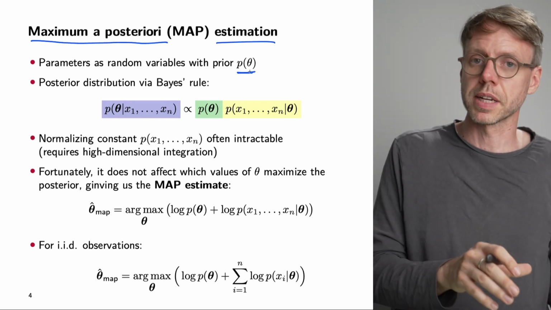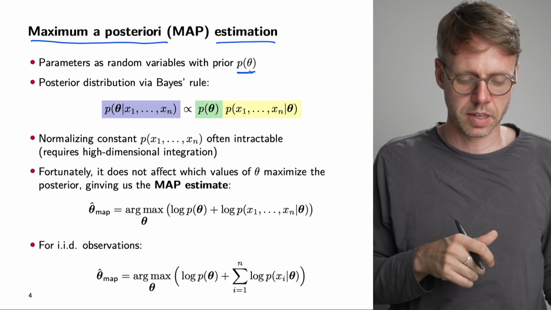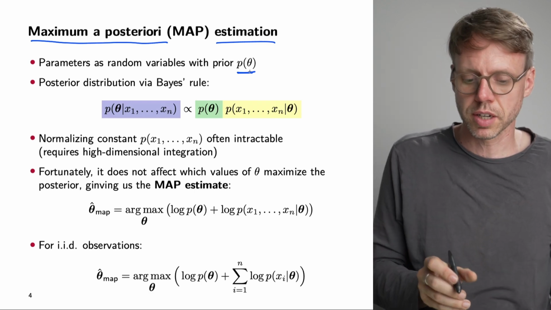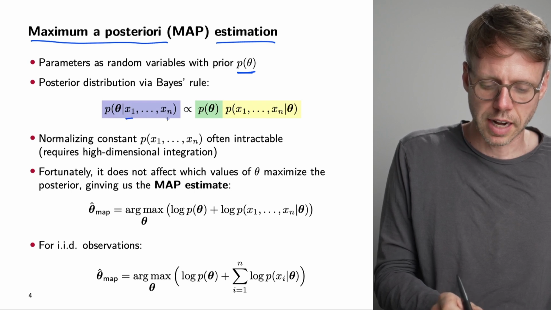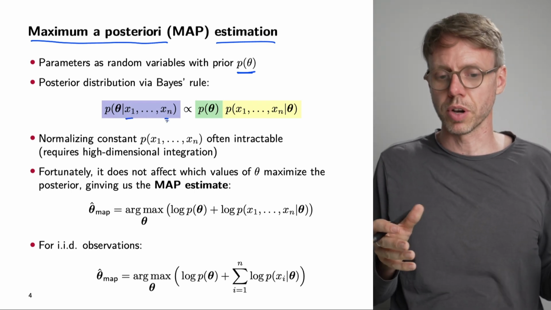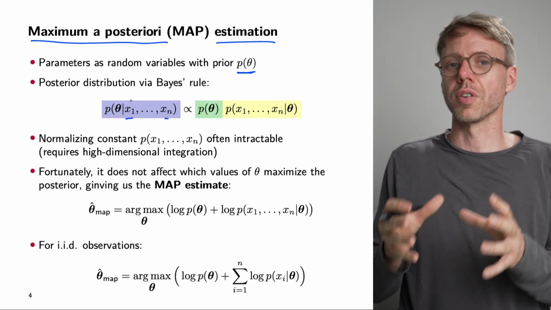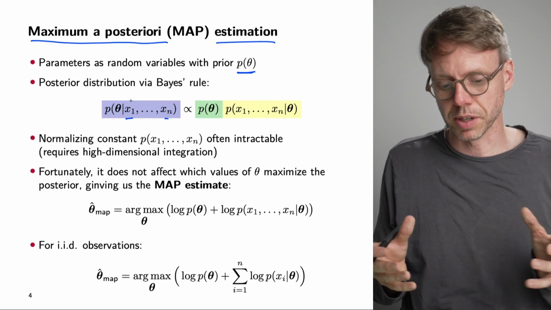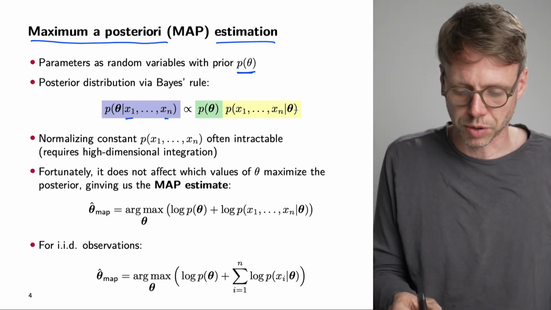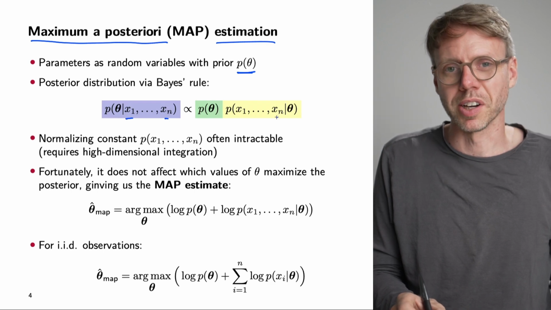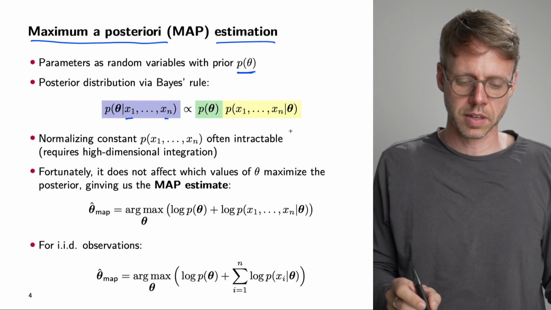We said that our parameters are random variables with prior P of theta. Now the posterior distribution is given by Bayes' rule. So say we have n IID data points, then P of theta, conditioned on all of these data points, that's our posterior, is proportional to the prior times the likelihood, so the probability of this data, given this parameter.